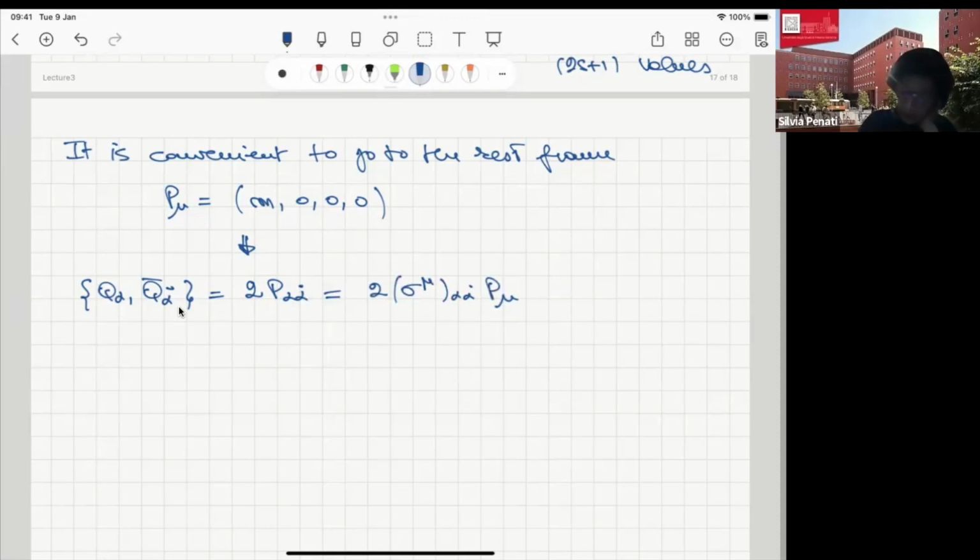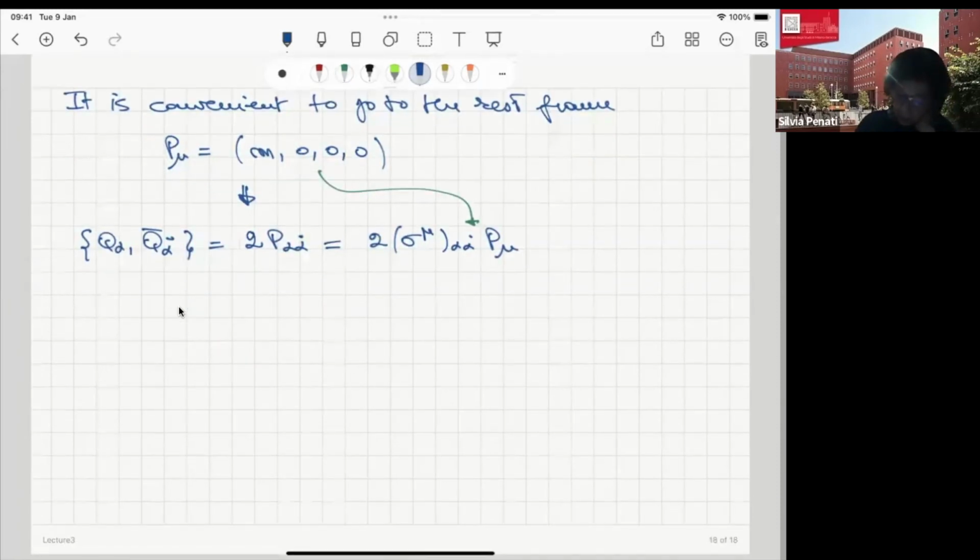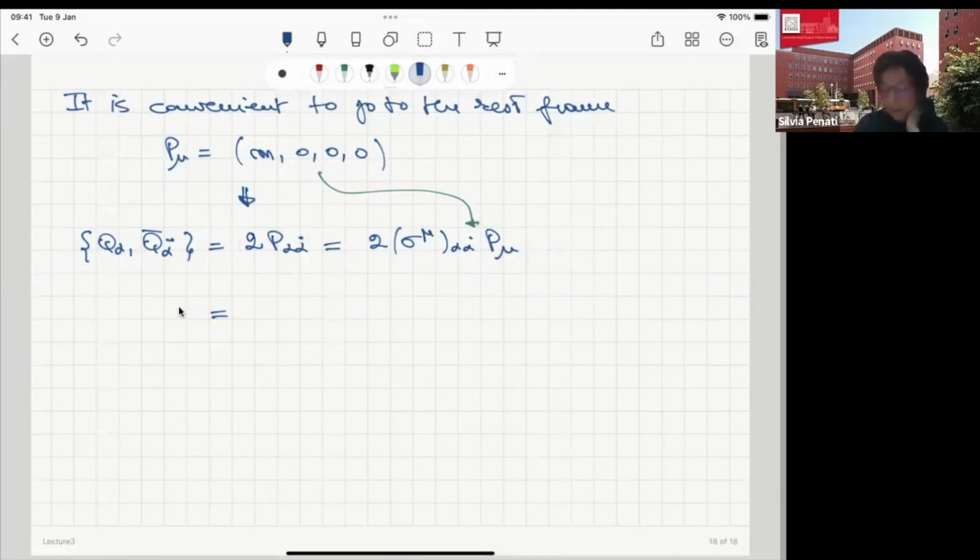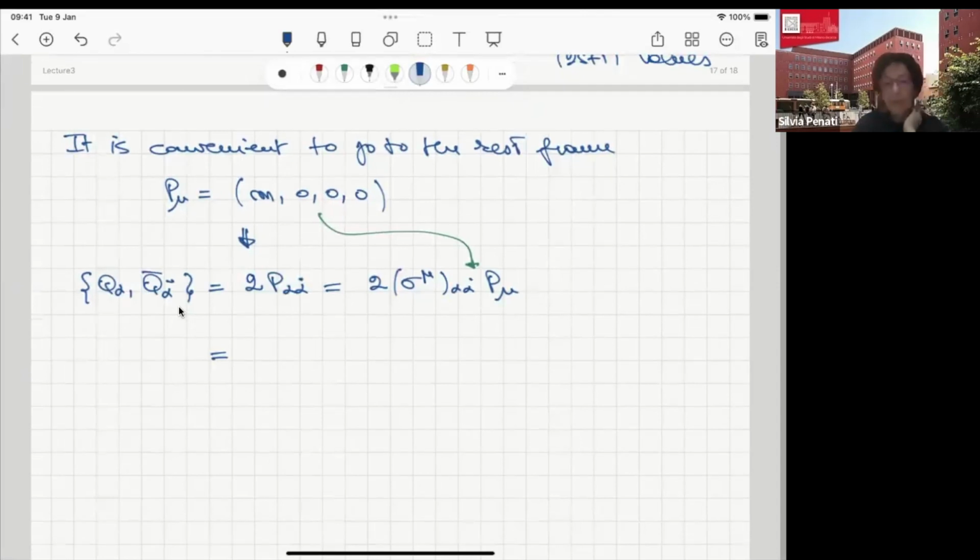If you insert this particular choice for P^μ, the only surviving term will be P^0, which is nothing but M. So you will get 2M times σ^0, but σ^0 we said already is the identity.